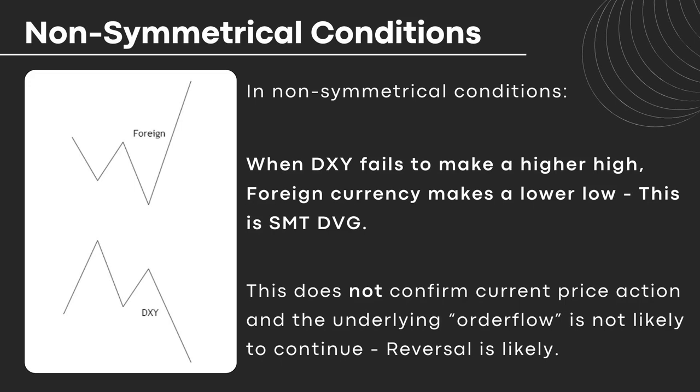If DXY failed to make a higher high, then the underlying or foreign currency should have also failed to make a lower low to continue the symmetry, but it did not, right? Because it made a lower low and showed a discrepancy, which suggests that the underlying market condition is non-symmetrical, right? This type of non-symmetrical condition suggests that the underlying order flow is not able to continue and price does not confirm the current price action.